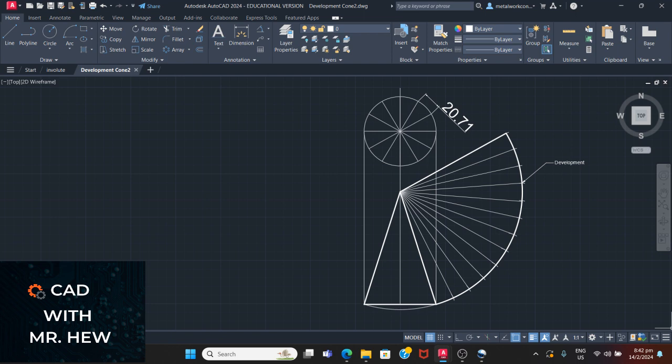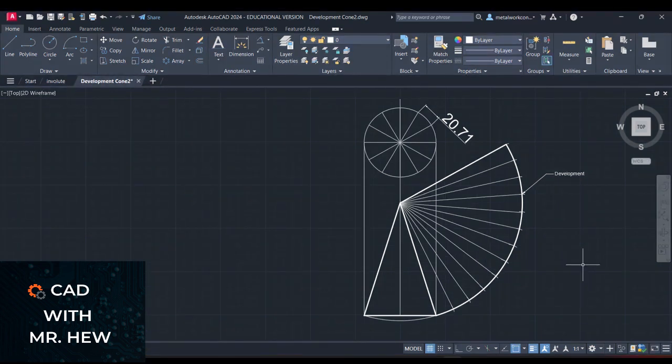And then we need a line for the outer. Good. So this would be the development. All right, so on the screen is the finished product for the development for the cone. So this part on the right of the cone is the development.